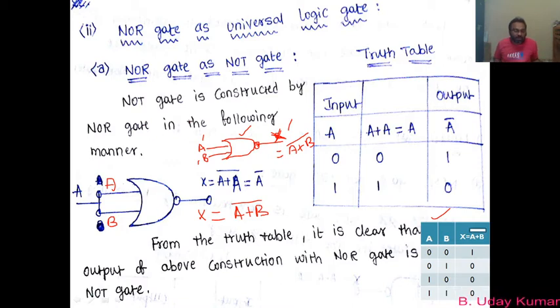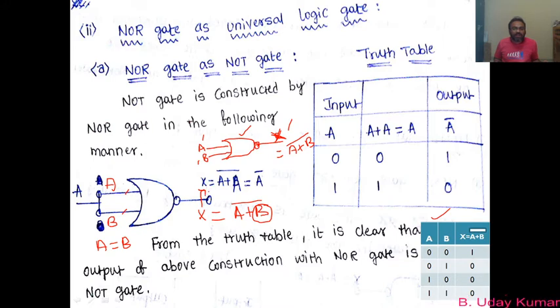But when A and B are interconnected, we simply say that A is equal to B. So in place of B you can write A now. If I do so, the logical equation of the NOR gate becomes like this.